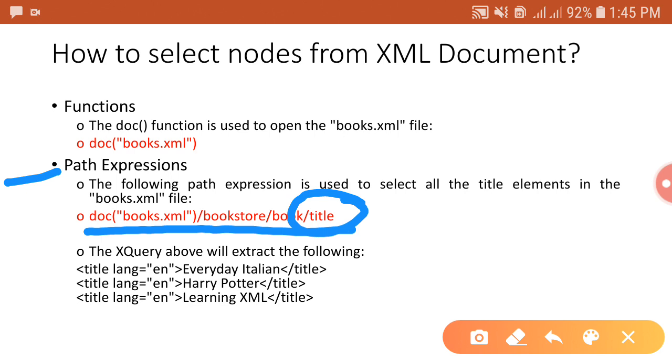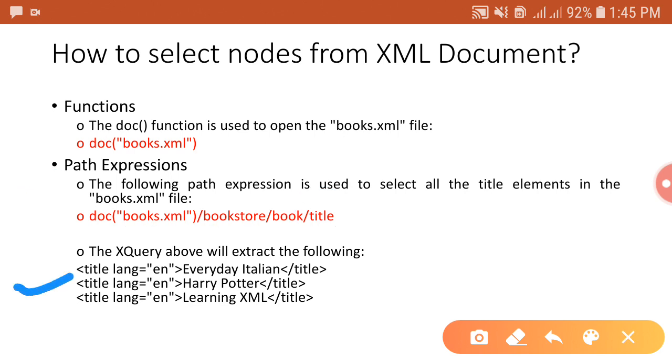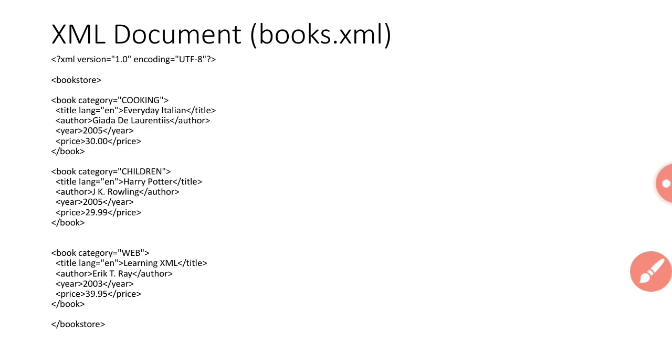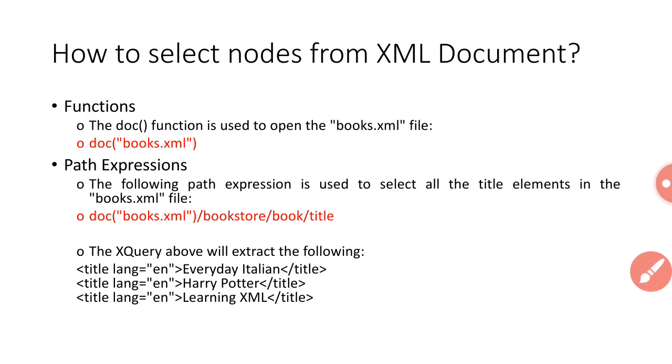Here the result is shown. As you can see, the title elements from this file are retrieved here. See all the title elements. The result is a list of all title elements.